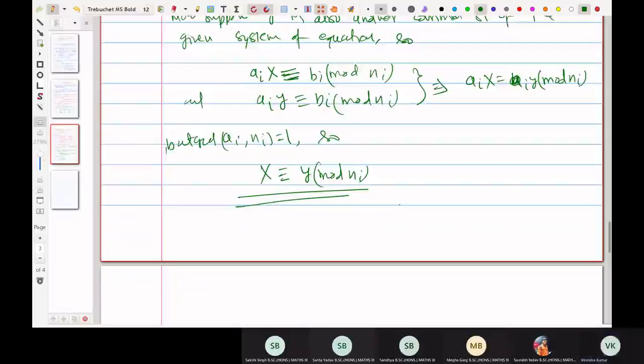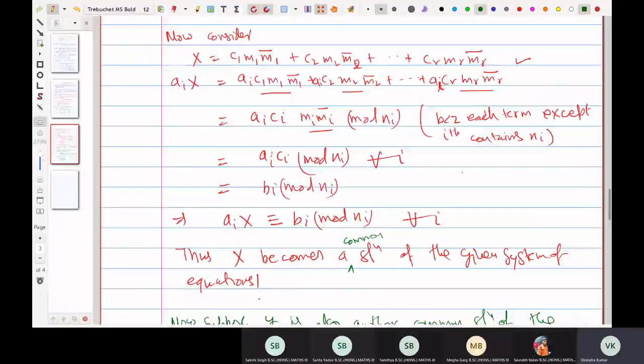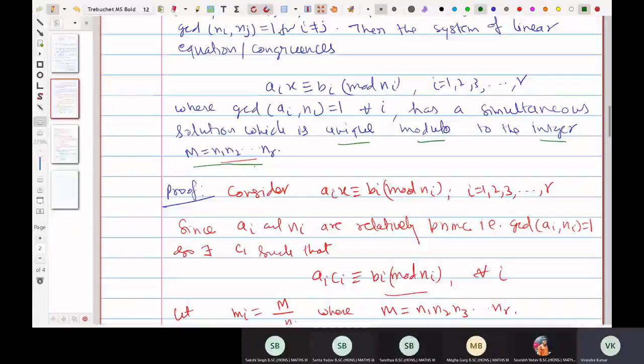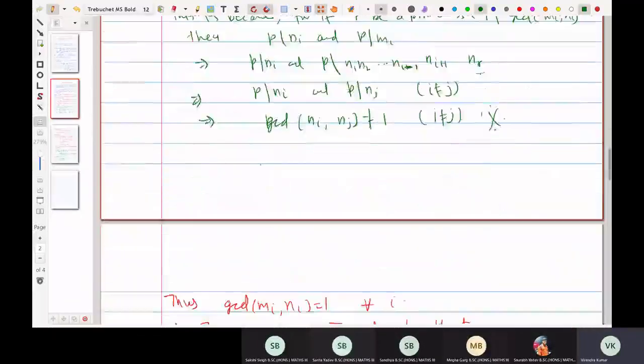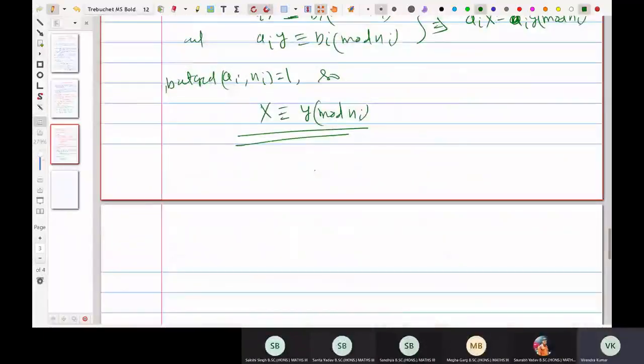All right. So now, the thing is that we need to find the unique solution modulo the integer M, and we are saying that this is a solution under multiplication modulo Ni, not capital M. So let us see how we can say that with the help of this.